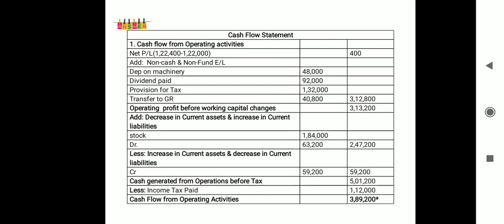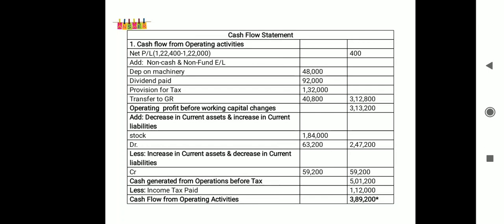Adding all these gives 3,12,800, and with 400 net profit we get 3,13,200 as our operating profit before working capital change.